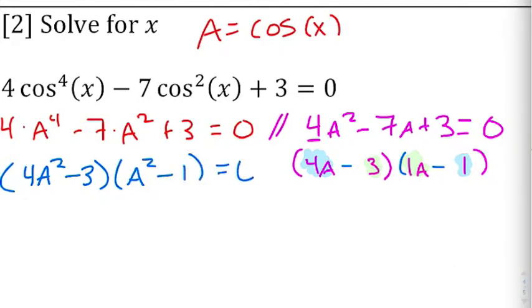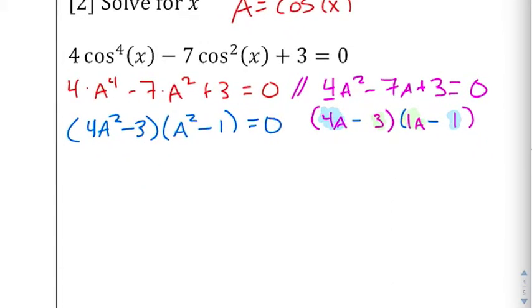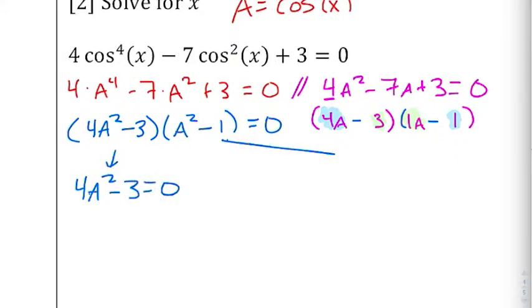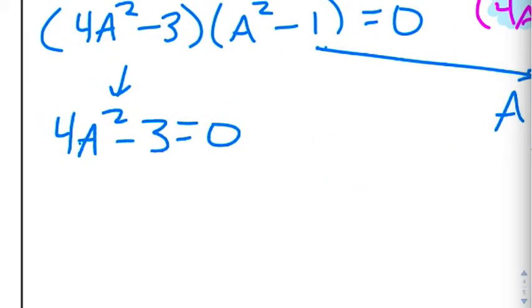Okay? And so to solve this question for a, I just have to figure out when either one of these parentheses is equal to 0, which means I need to know when 4a squared minus 3 is equal to 0. And then I also need to know when a squared minus 1 is equal to 0, which means I can just solve for a. So let's do that.